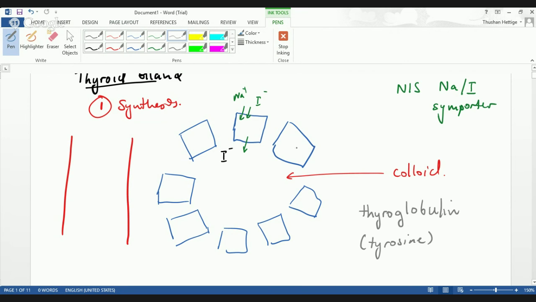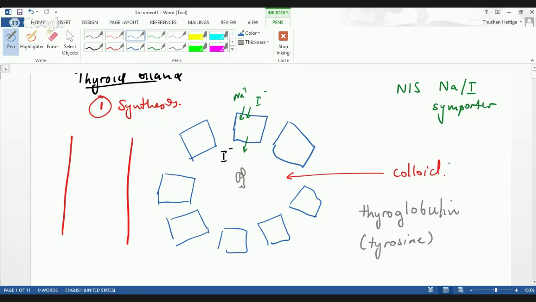So what eventuates is that the thyroglobulin gets released into the colloid. Do you remember how I mentioned exocytosis was the means by which thyroglobulin was thrown into the colloid?